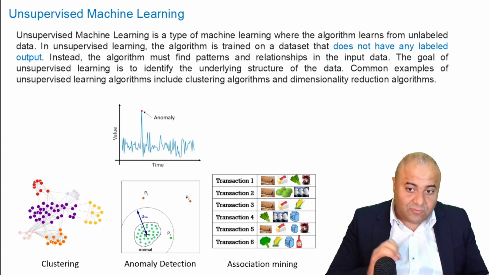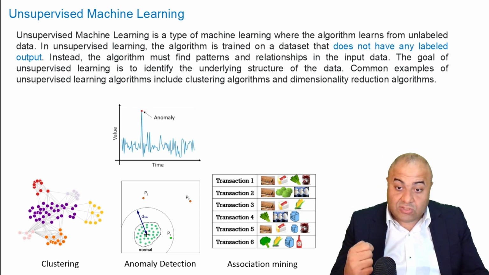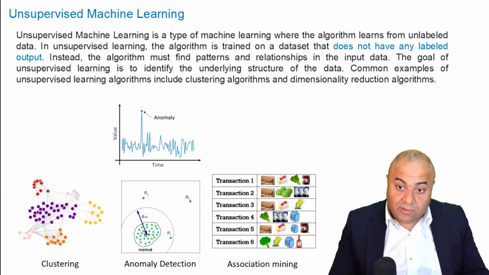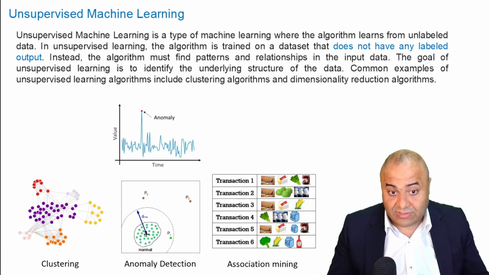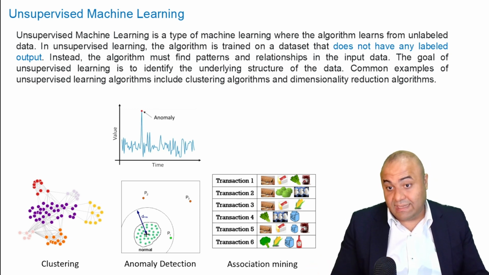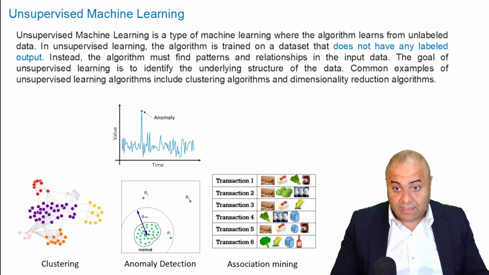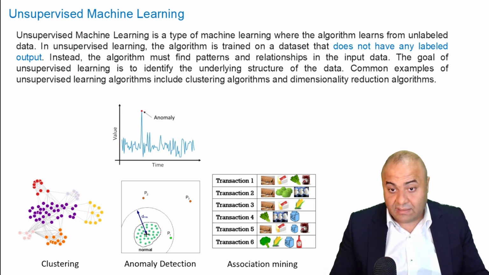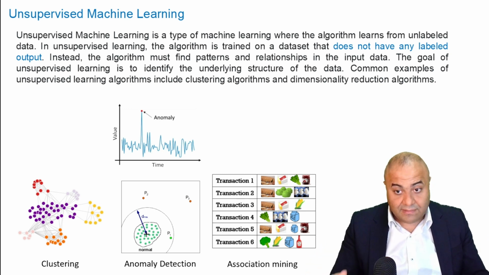But as a technical term, we call it unsupervised machine learning when we're training the model using unlabeled data. For example, if you have lots of companies and you want to classify them into some categories, you want to cluster this data.